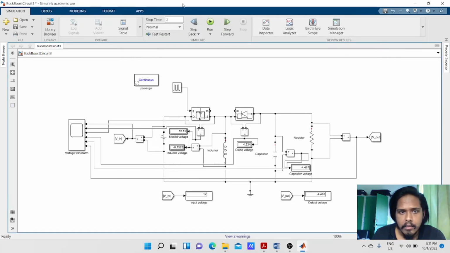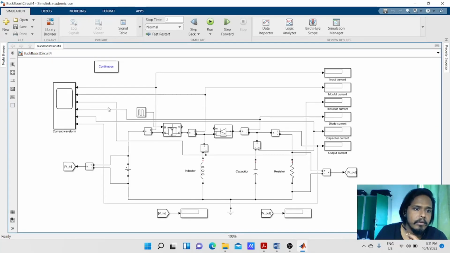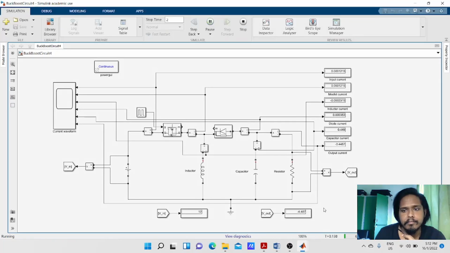So for the next circuit, the current waveform. These are the circuit for the current waveform. The simulation is run and ready.